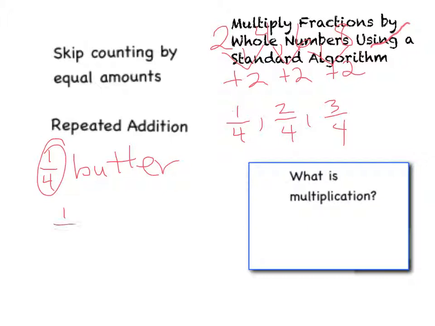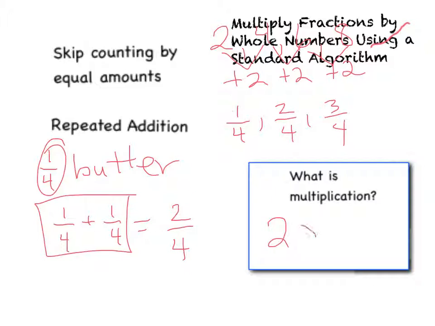So we could say 1/4 plus 1/4 equals 2/4. So we use repeated addition to double that recipe. What we could have done is we could have said 2 times 1/4 equals 2/4. We're going to examine this concept a little bit further.